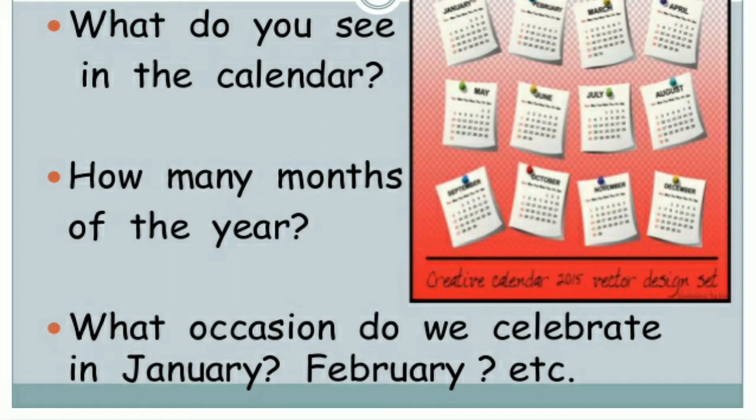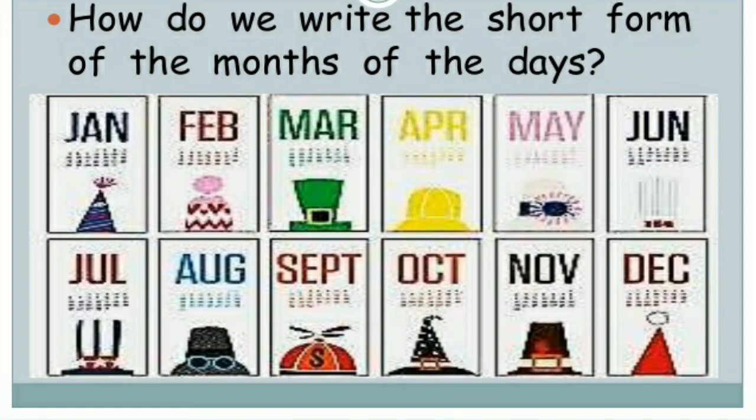And what occasion do we celebrate in January, February, etc.? We celebrate kite flying day in January, and in February we celebrate Valentine's Day. Next, how do we write the short form of the months?